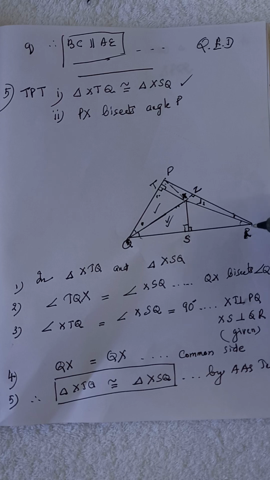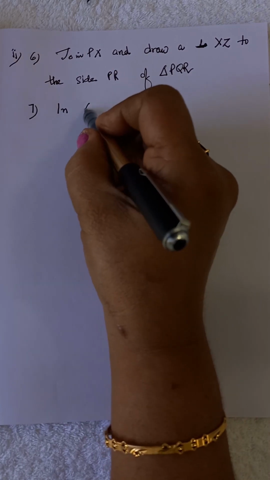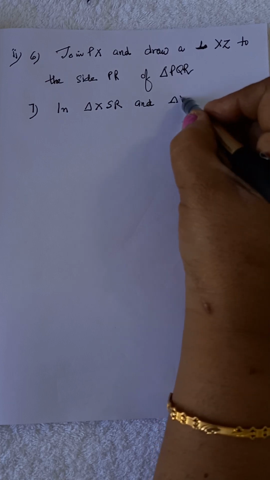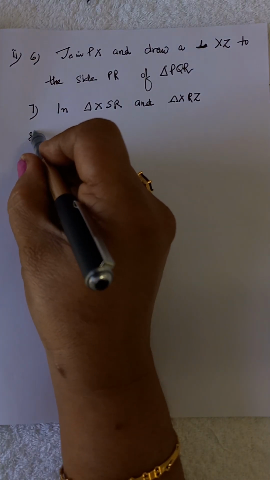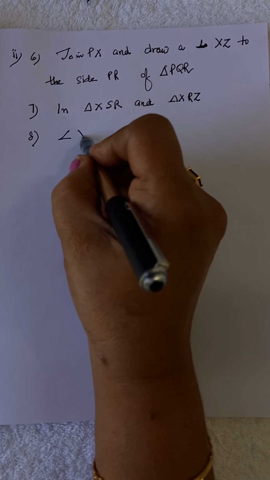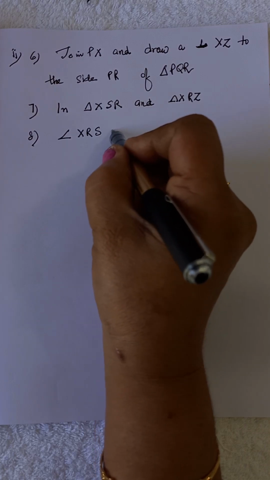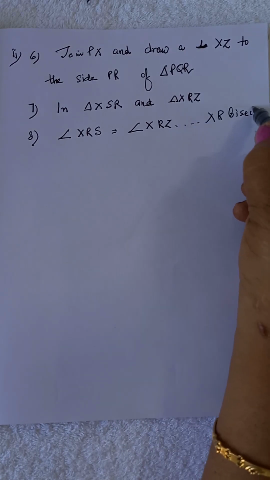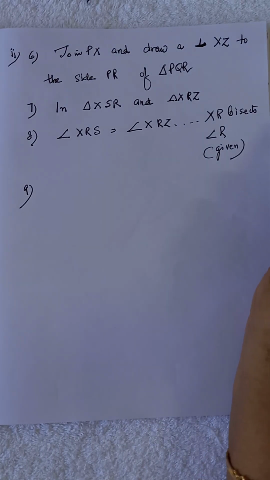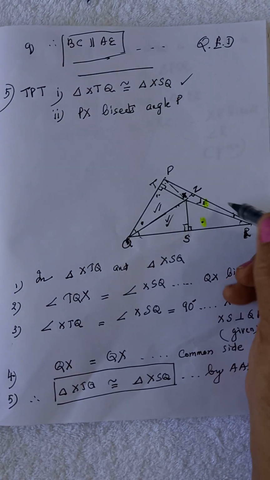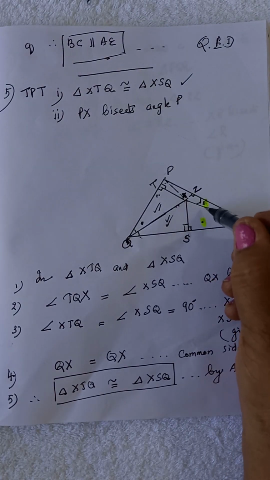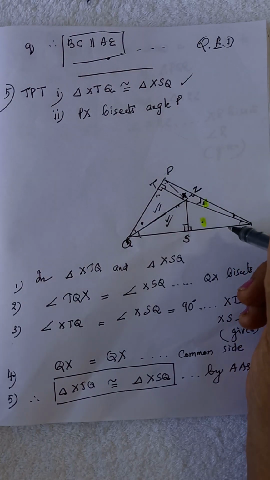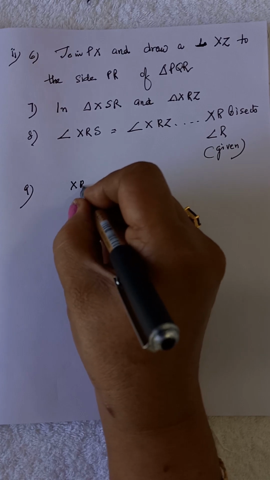So we can write in triangle XSR and triangle XRZ, now the eighth point, angle XRS is equal to angle XRZ. Reason is XR bisects angle R, that is given to us. Ninth point, this side XR is common to the triangles XSR and XRZ. So we can write XR is equal to XR.